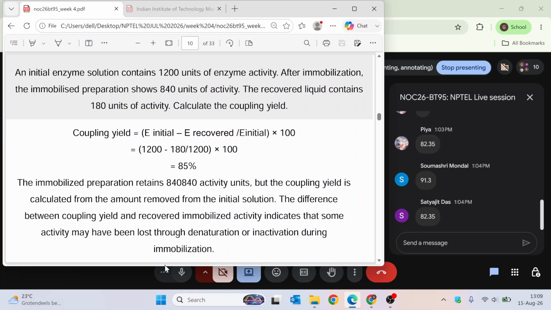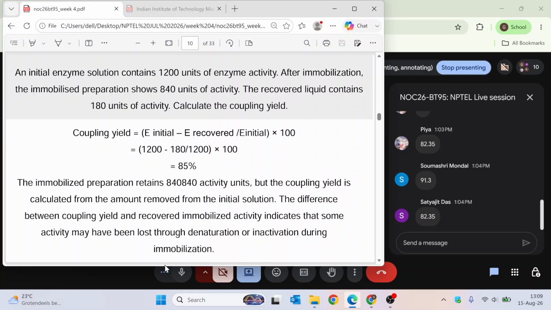I guess for this, whoever got 82.35, you have maybe found the immobilization efficiency, maybe by also having subtracted the denominator.